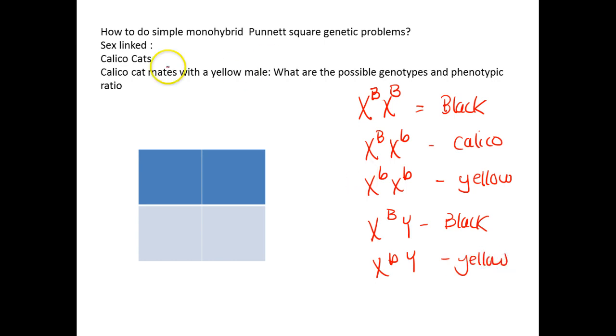So what happens if you meet a calico cat with a yellow male? We would write yellow male like this. Calico cat would be hybrid. And notice the mother gives that X chromosome to the son, and the mother gives one to the daughter and one from the father.